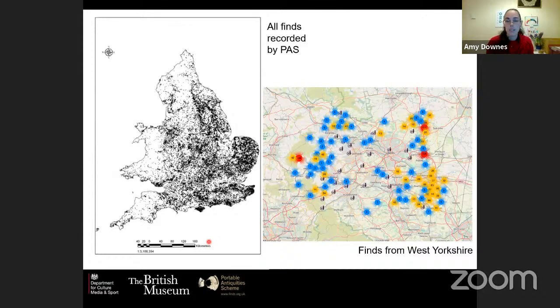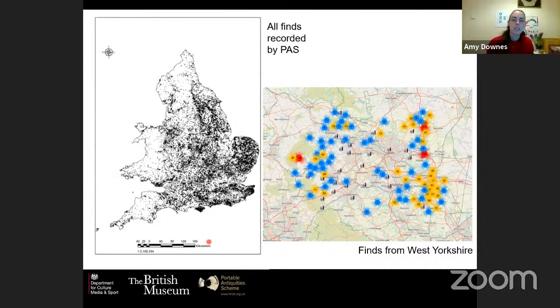There are biases in the data, and a really useful piece of work has been done by Catherine Robbins. You can get her PhD, and you can also get a guide by her from our website talking about bias which is inherent in the PAS data. And again, if you're thinking of doing any research using PAS data, it's vital that you understand those biases.